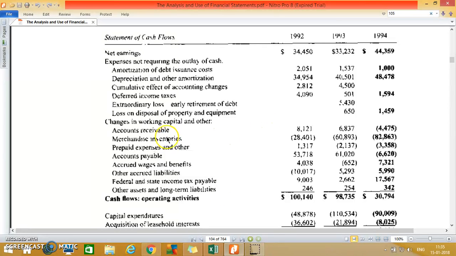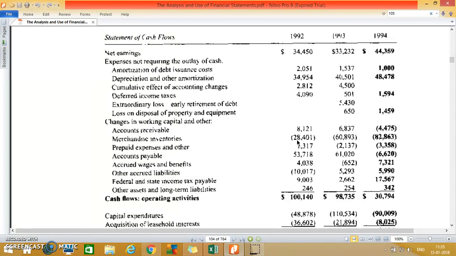Now let us take, for example, here merchandise inventories 28401 has been subtracted. That is, $28 billion of merchandise inventory is subtracted. Now what did they do?